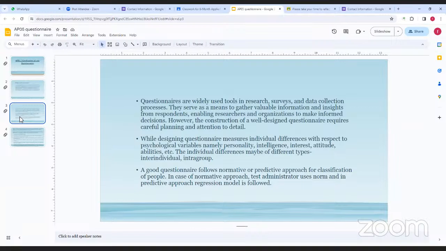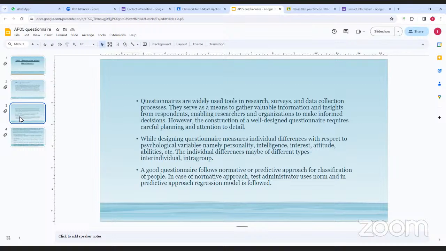Another one is the predictive approach, and there you have to follow the regression model, because sometimes we cannot use the normative approach. For example, you are measuring job satisfaction.